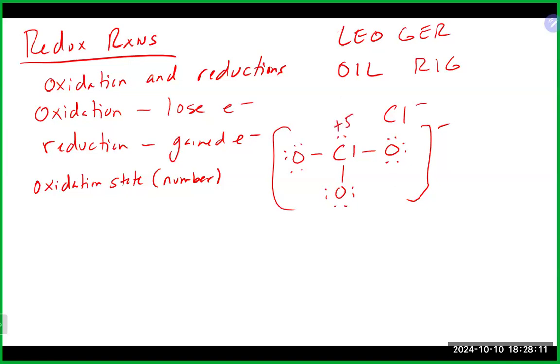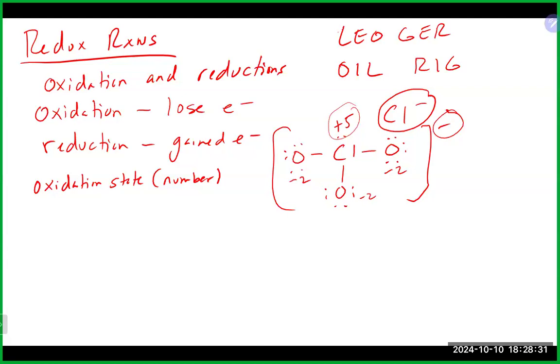It is not -1 like you assume it is in chloride. And that is because the oxygens here are carrying a -2 oxidation state. So if you add up all those -2s, that's -6, and +5 leaves you a -1 left over.